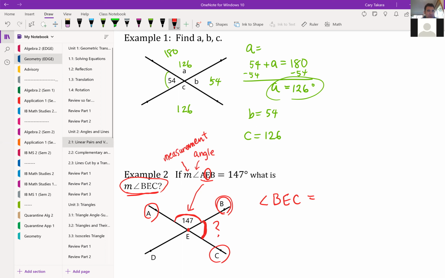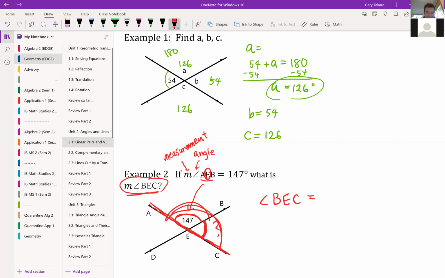Well, what rule are we going to use? We are going to use linear pair, isn't it? Here's a straight line. It's not a vertical angle. They're not going to be the same, but the straight line, the whole thing is 180, isn't it?